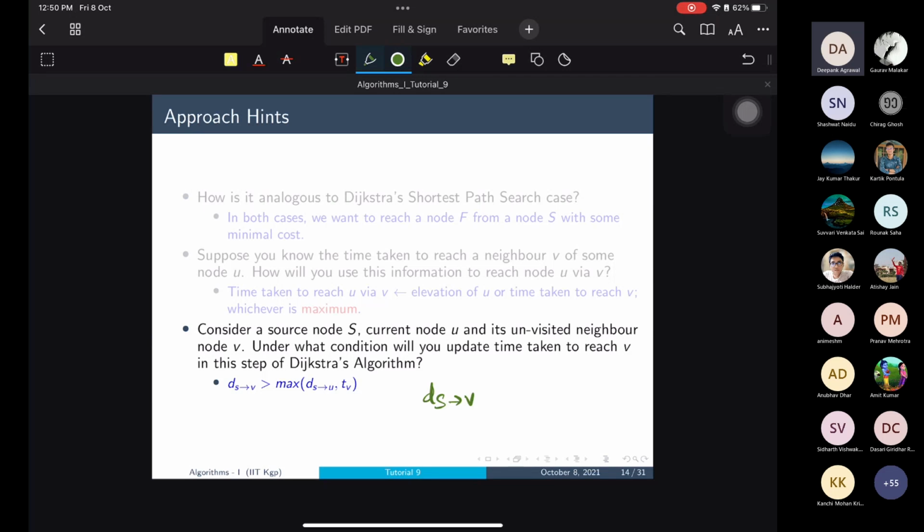And just now we calculated that we can reach U in some time, say that is dsu, and we want to reach the node V, so we can simply take the maximum of these two and update this with this, right?